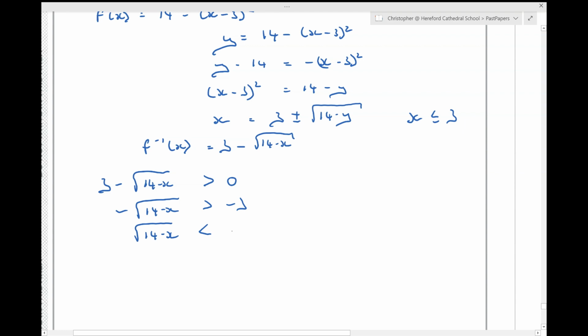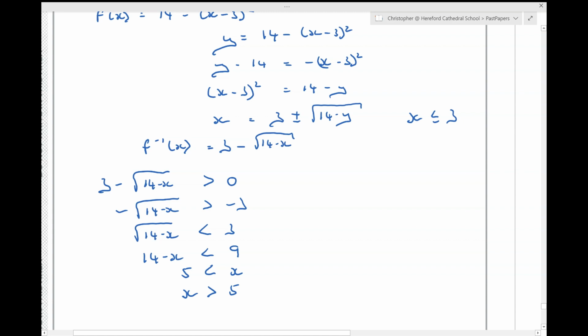There we go. Square both sides. 14 minus x is less than 9. Okay, I'm going to add x to both sides and subtract 9. There we go. So 5 is less than x, or x is greater than 5.